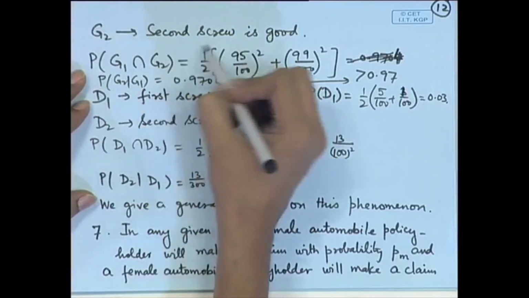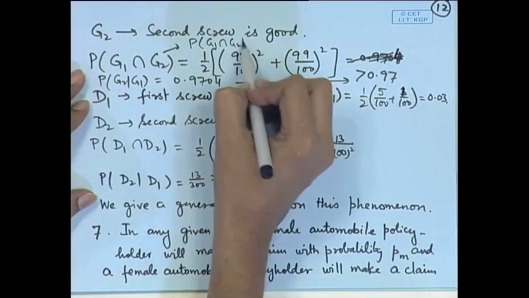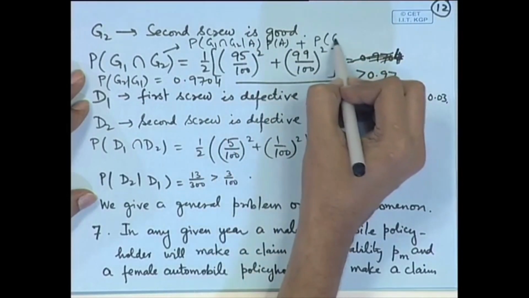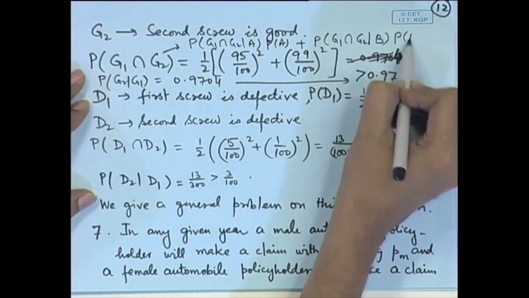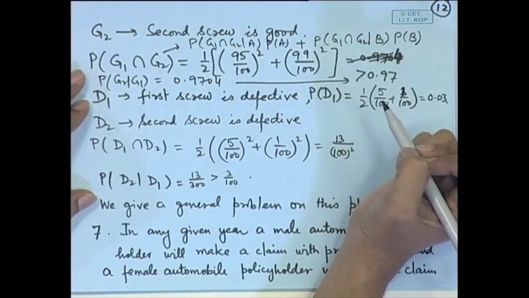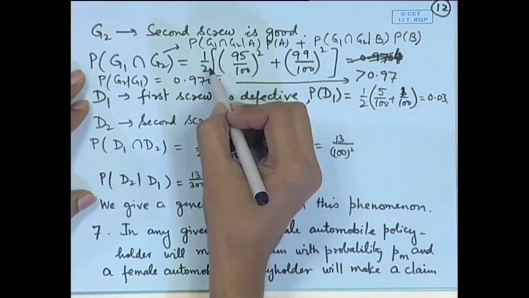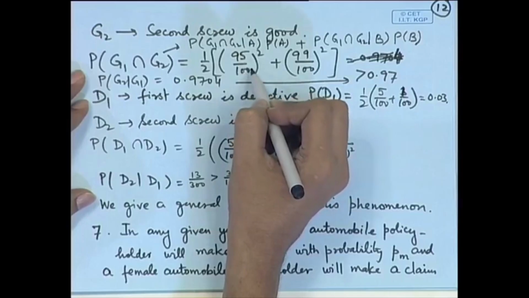Once again, if we represent this event, it becomes probability of G1 intersection G2 given A into probability of A plus probability of G1 intersection G2 given B into probability of B. Here probability of A and probability of B both are half. Here the first screw is good, that is with probability 95 by 100.